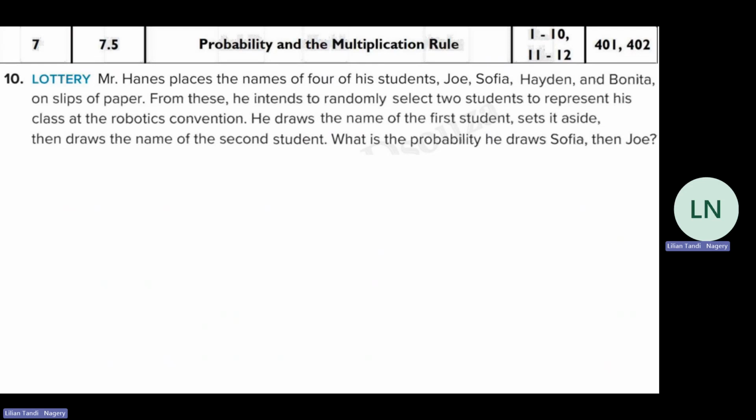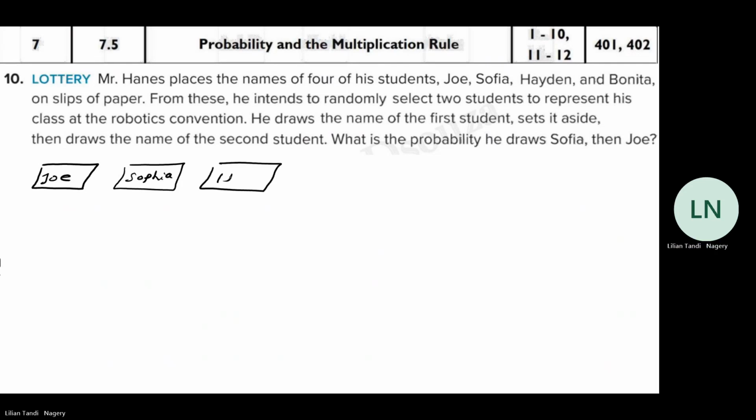Mr. Haynes places the names of 4 students on slips of paper. Who are the 4 students? Here he has Joe. Here he has Sophia. Here he has Hayden. And here he has Bonita.